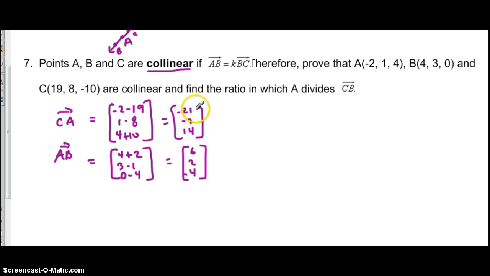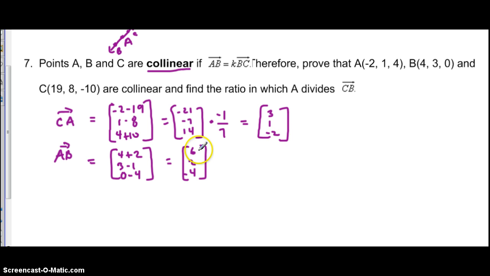And I'm also seeing that there's more negatives here than positives. So I'm going to divide out a factor of 7 and also a factor of -7, so if I multiply by -1/7, that would make CA equal to 3, 1, and -2.